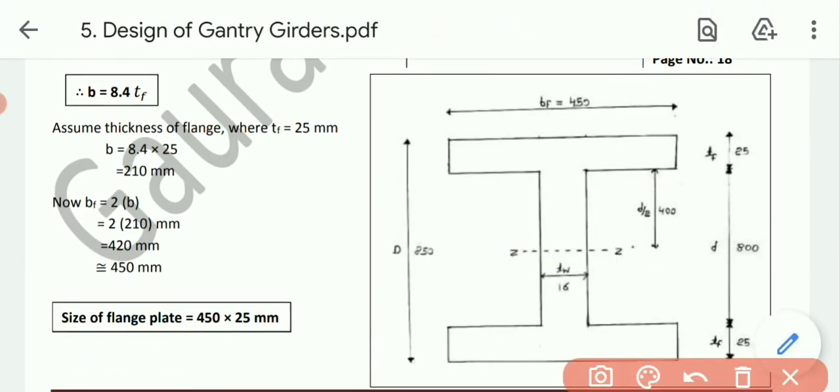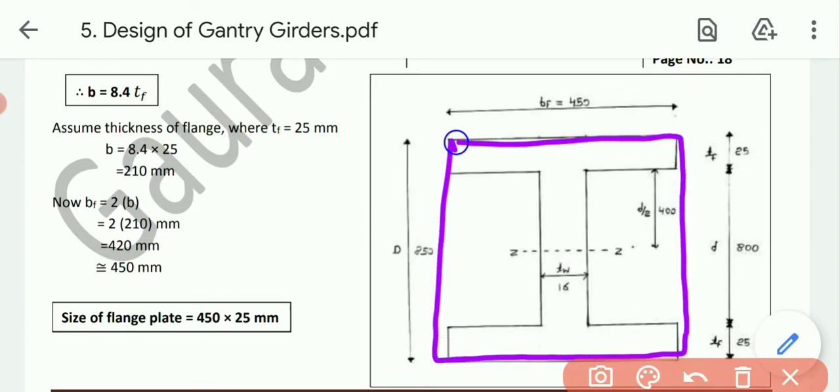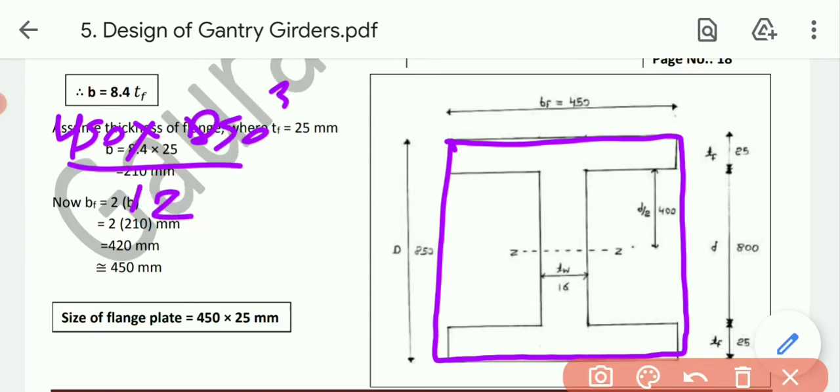So first of all, with respect to x-axis, it is always the box method. Okay, box method is the easiest one for the symmetrical I section. So first of all, capital BD cube by 12, so 450 into the whole depth 850 cube by 12, and from this deduct the central portion, that is this portion.